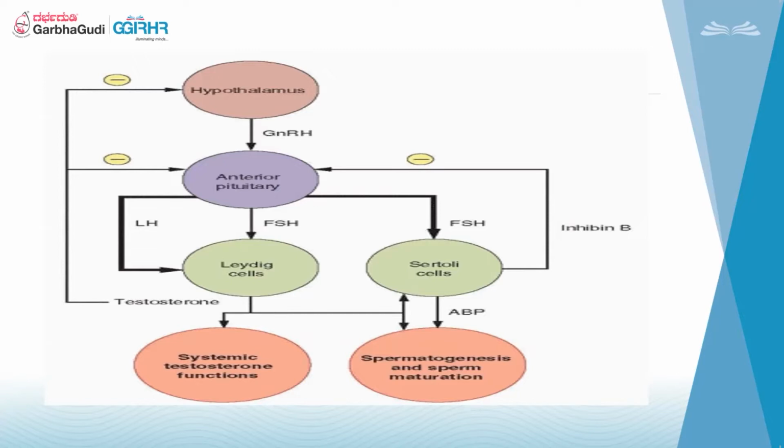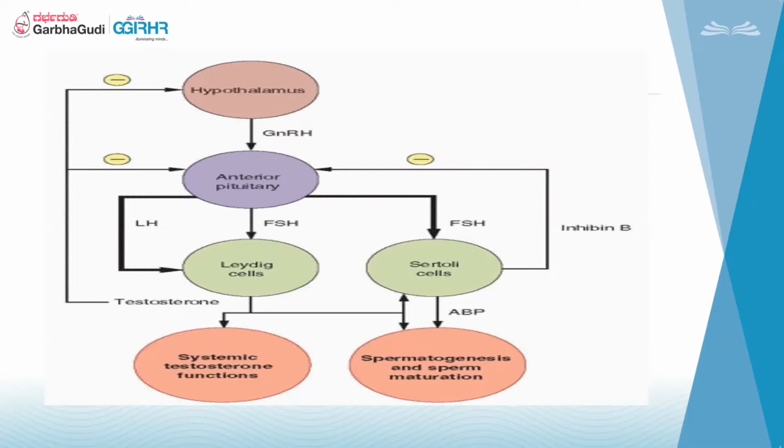As spermatogenesis takes place, the Sertoli cells secrete inhibin, which down regulates the secretion of FSH. The Sertoli cell is also responsible for forming the androgen binding protein, the testosterone binding protein.